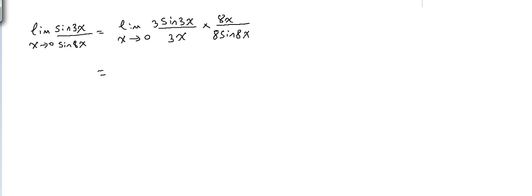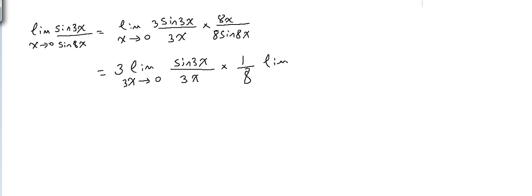Okay, can we say that it's 3 outside the limit as x tends to 0 of sine 3x over 3x, as 3x tends to 0, times 1 over 8, the 8 in the denominator, limit as x approaches 0 of 8x over sine 8x as 8x approaches 0.